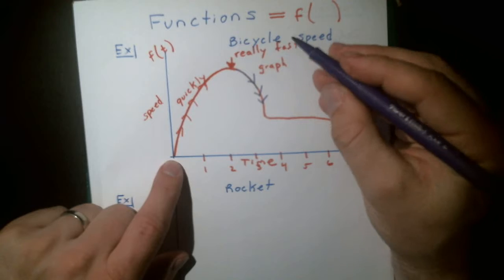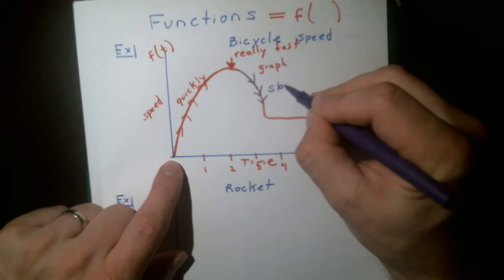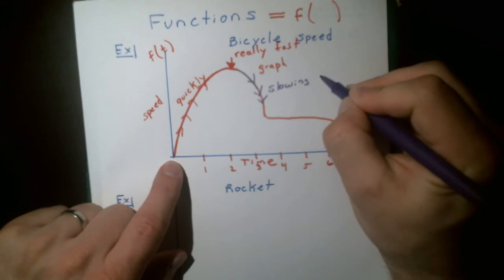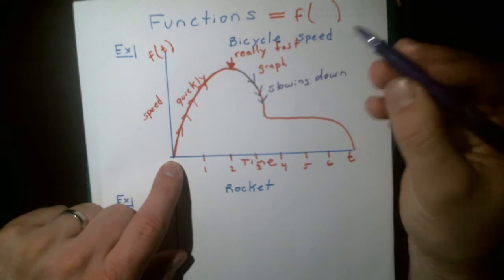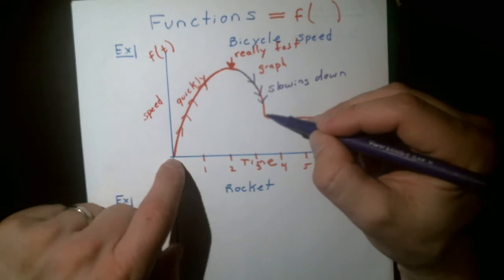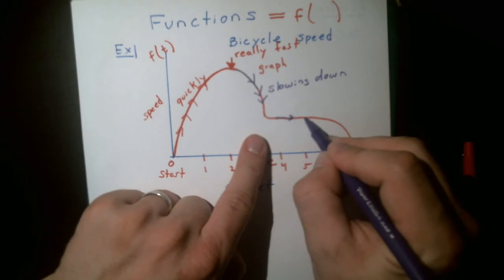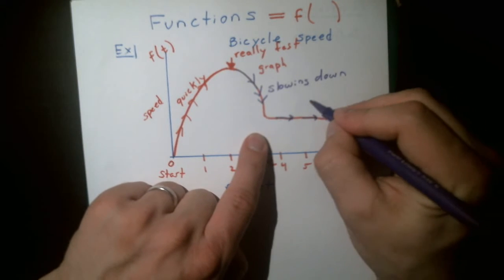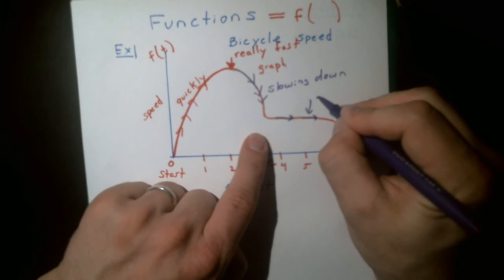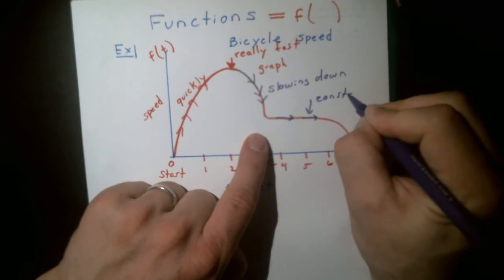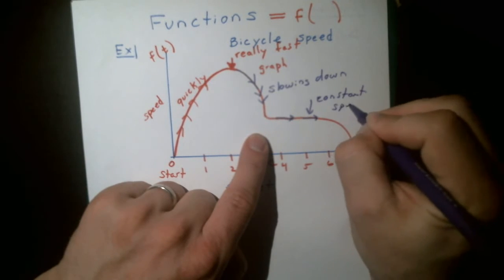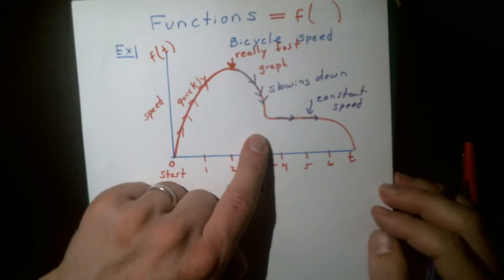and what happened is that you're slowing down. Okay, so you're slowing down here, and then you get to this little thing, and you're traveling down here, and this is where you're at what we call a constant speed. A constant speed.